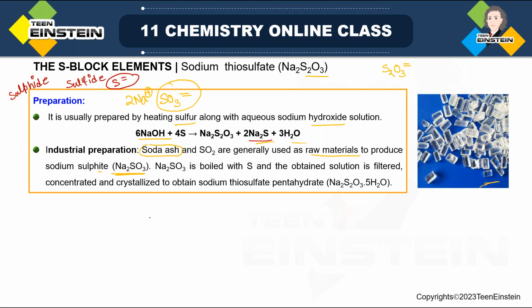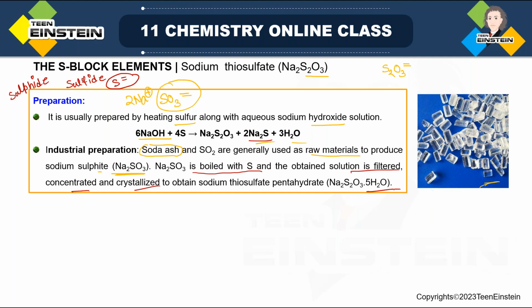So the sodium sulfite that we are getting in the first step, in the second step you will boil it with sulfur. The solution that you are getting, you will filter it, concentrate it, and finally crystallize it, and we are getting Na2S2O3, but there will be 5 water molecules associated because it is in the form of pentahydrate.